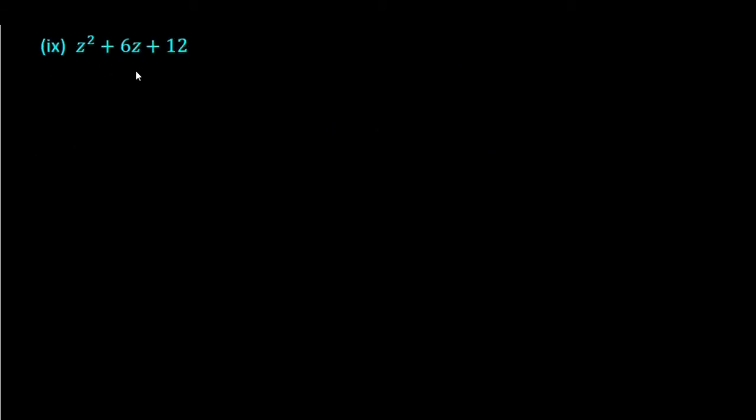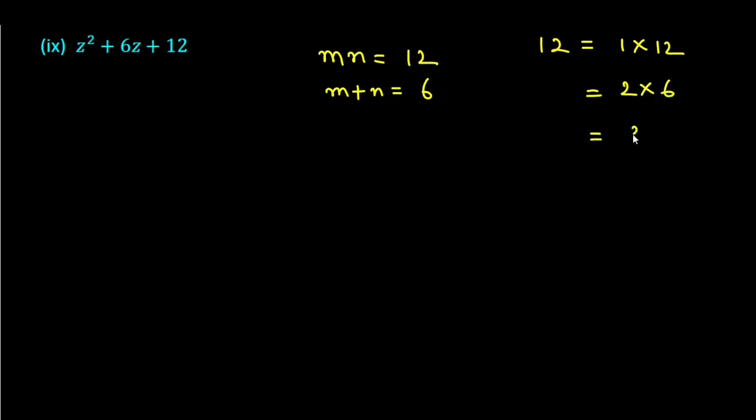Z square plus 6z plus 12. Here we have to find a pair of factors of 12 whose sum is 6. M into n should be 12. M plus n should be 6. Let us write the factors of 12. 12 can be written as 1 into 12, 2 into 6, 3 into 4.